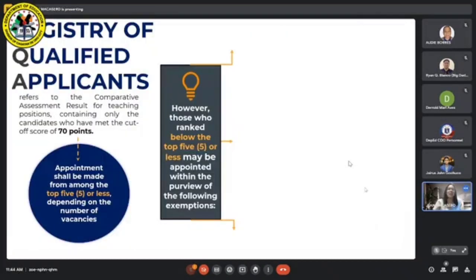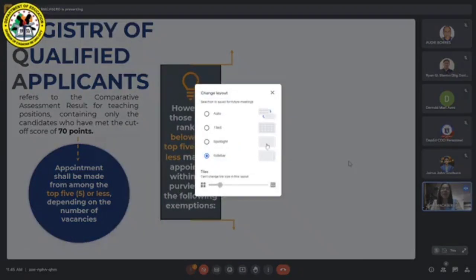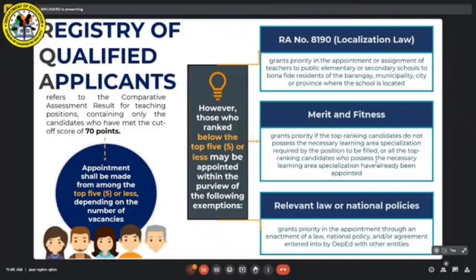Next is the Registry of Qualified Applicants. The points you need to reach to be one of the registered applicants in the RQA, Registry of Qualified Applicants, were mentioned earlier.